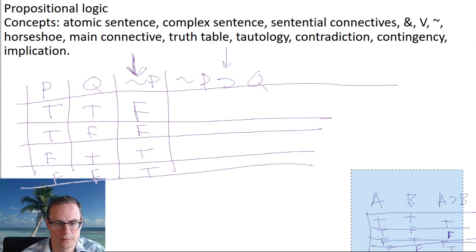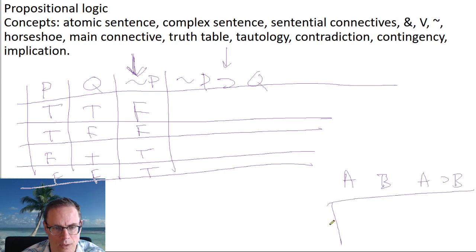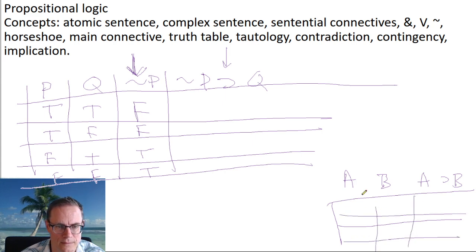This is not very well drawn. Let me try that again. A, B, A horseshoe B. All right, so we got T, T, F, F, T, F, T, F. The horseshoe is true when they're both true, the antecedent and the consequent.